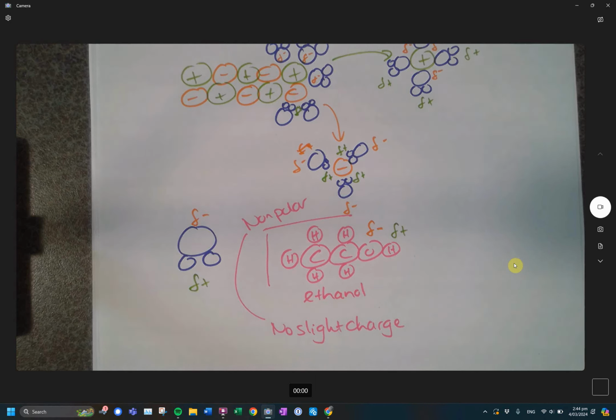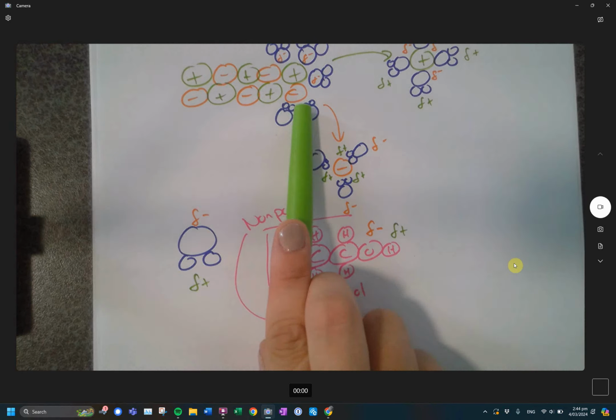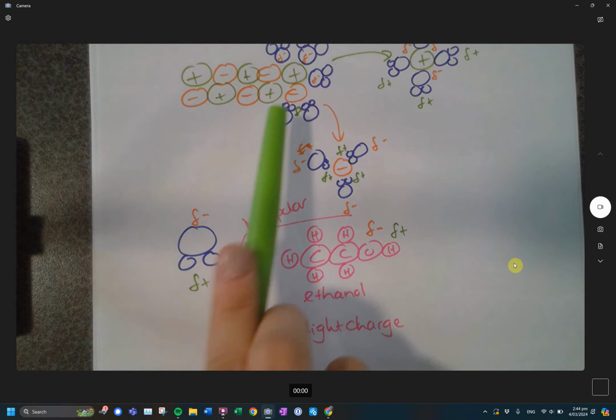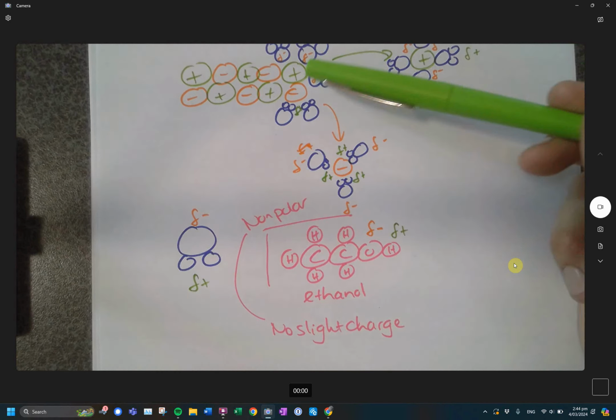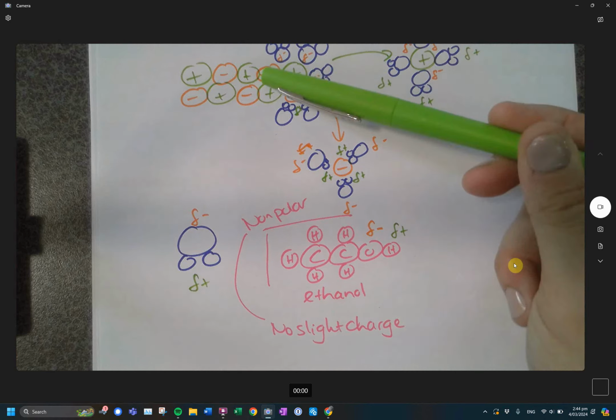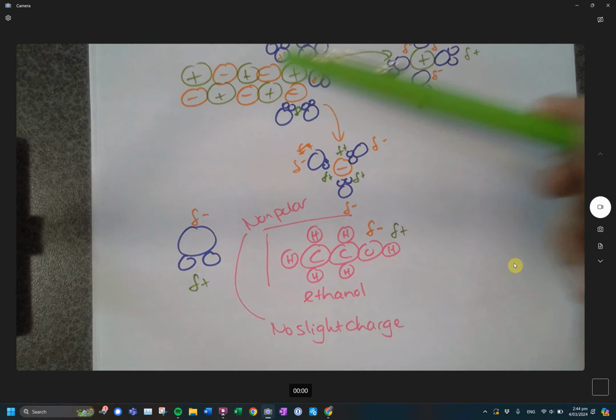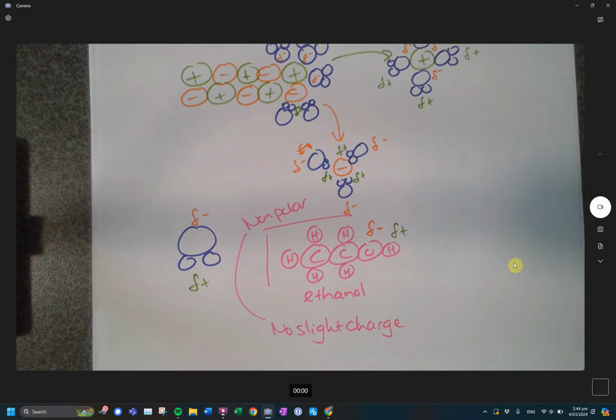All right. One of the things that we did talk about last year with the precipitation reactions was why some ionic solids do not dissolve in water, and that has to do with the force of attraction. And we'll learn about this more in our next internal. So if something is soluble in water, the attraction to the water is greater than the attraction to itself. If an ionic solid is not soluble in water, the attraction to itself is greater than the attraction to the water.